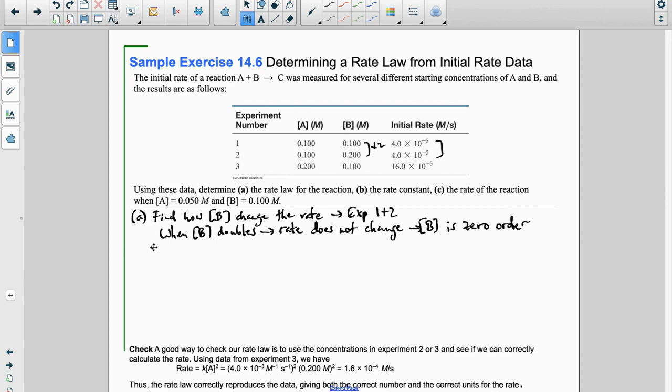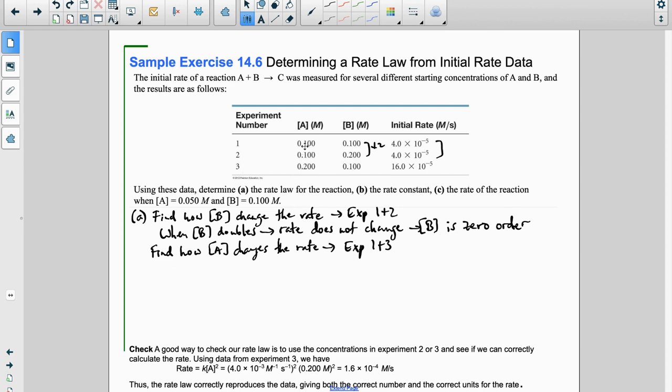For finding how A changes the rate, we need to find a place where B is constant and A is changing. So that would be experiments 1 and 3.